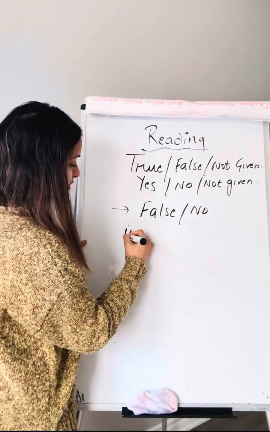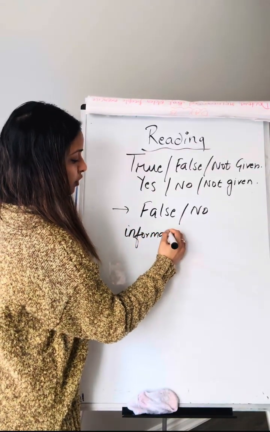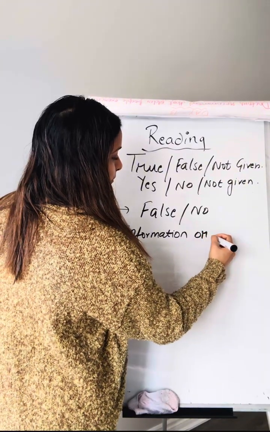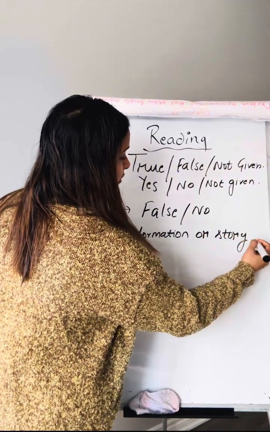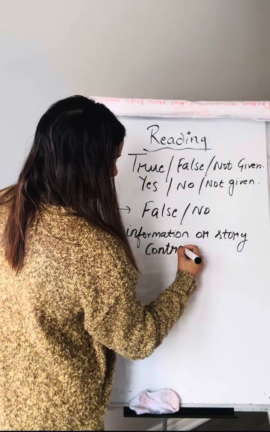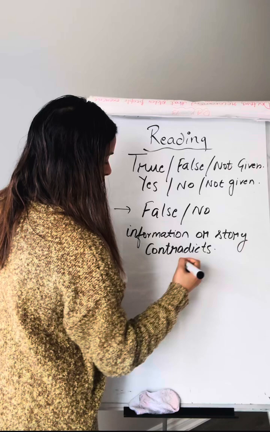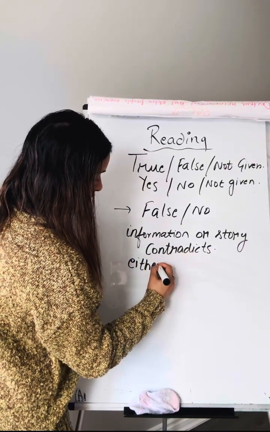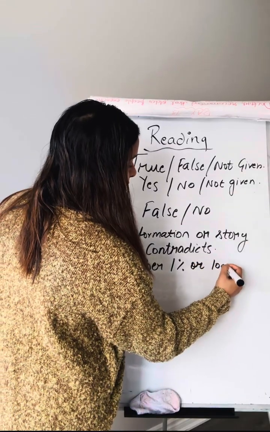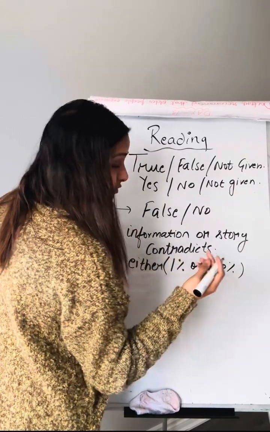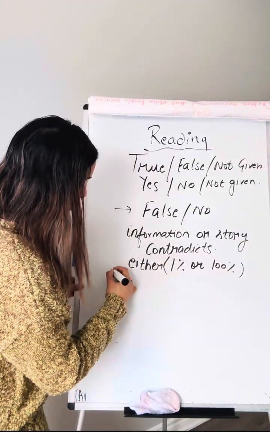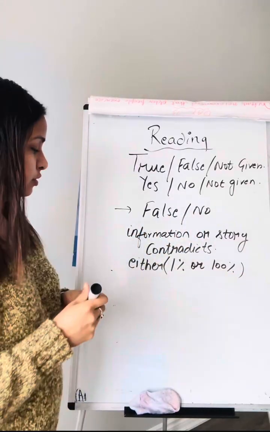If the information or the story contradicts, either 1% or 100%, even a little bit, even the most, then it will be either false or no.